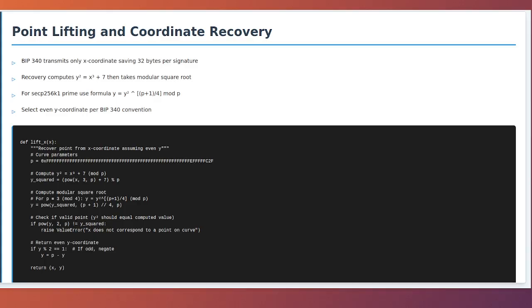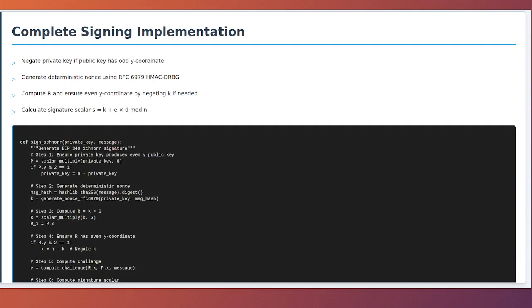Second, we need to implement modular exponentiation efficiently, as computing y squared to the power of (p plus 1) divided by 4 involves working with very large numbers. Python's built-in pow function with 3 arguments handles this efficiently using binary exponentiation. Third, we need to determine the parity of the computed y value and potentially negate it to ensure we get the even solution.